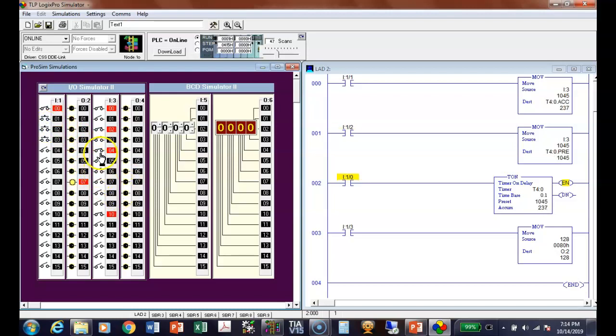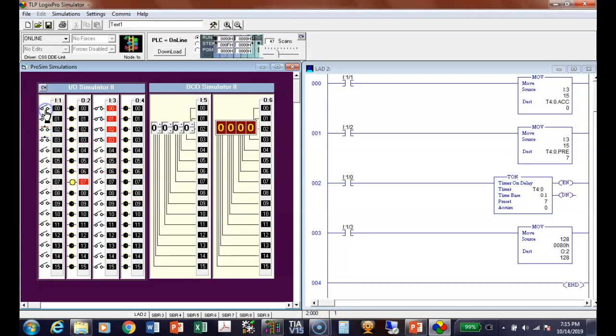So let me drop off another bit here. Here we go. I have this switch way up here. So let's just do 15. We'll load it.